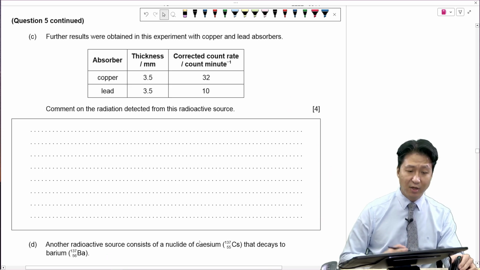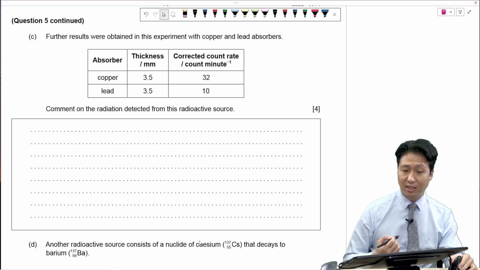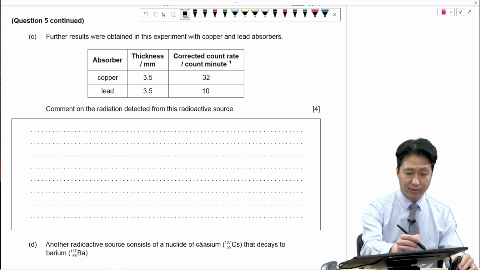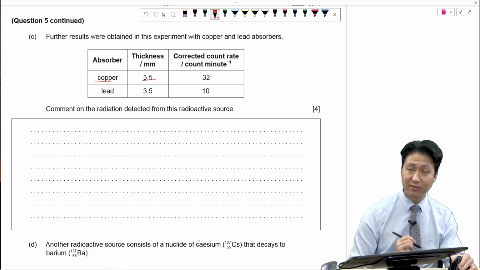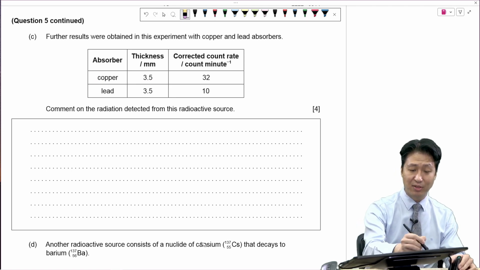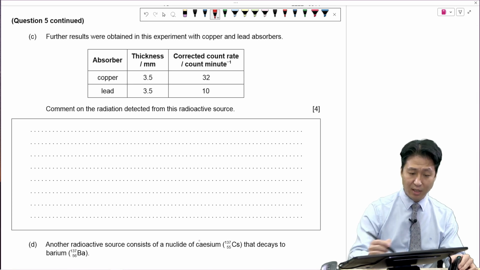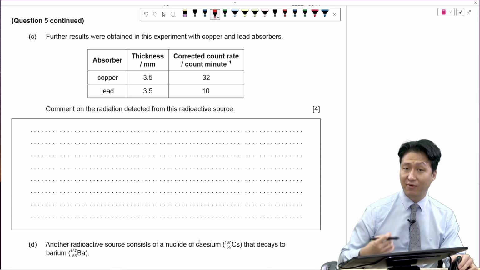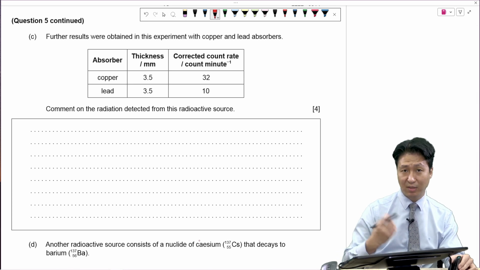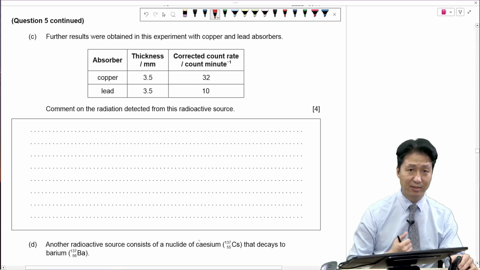You just estimate; any number within a reasonable range will be counted as correct. Part C. Further results were obtained in this experiment with copper and lead absorbers. So you have copper at 3.5 and lead at 3.5 millimeters thickness. Comment on the radiation detected from this radioactive source. Remember, there's basically 3 types of radiation: alpha, beta, and gamma.